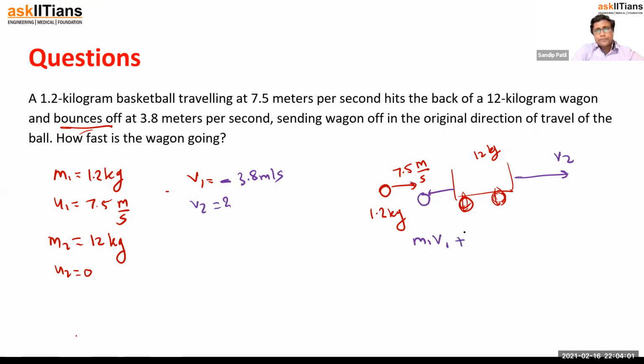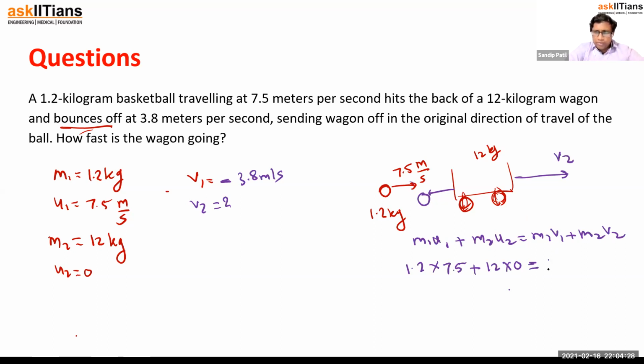M1 U1 plus M2 U2 is equal to M1 V1 plus M2 V2. M1 is 1.2, U1 is given as 7.5, plus M2 is 12 into U2 which is 0. Zero is very good for us, as it reduces our calculation a lot.